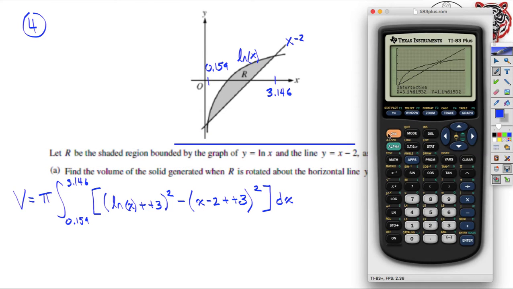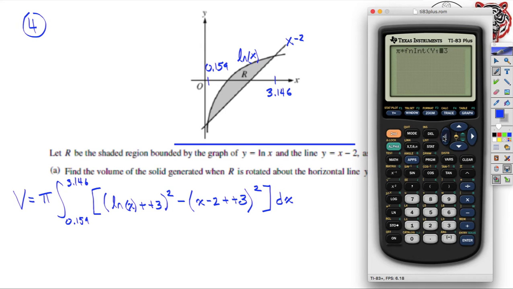So let's do that. Let's get out of this, and we're going to do second power of to get pi times math 9 integral, and it's going to be the integral of, so this is our y1 function, I believe. Let's just double check that. Yeah, y1 was natural log of x. You could just enter natural log plus 3.